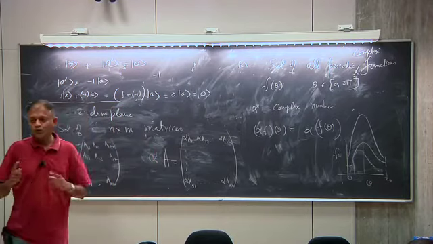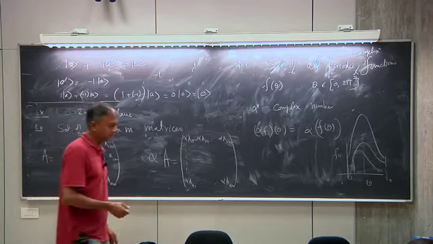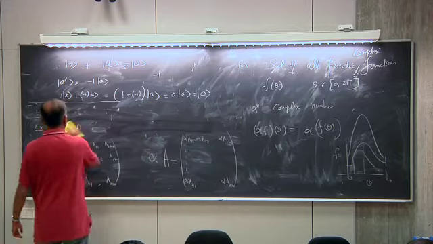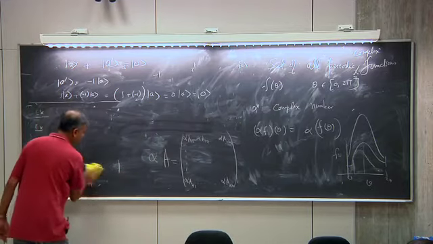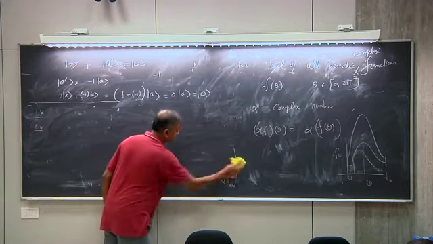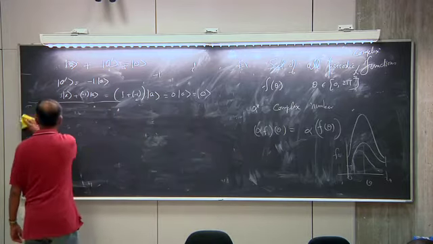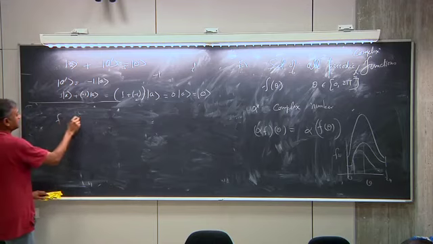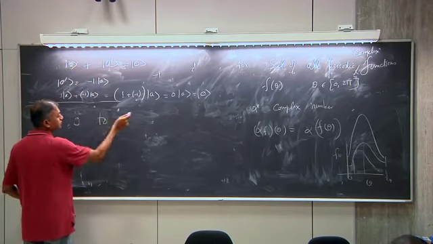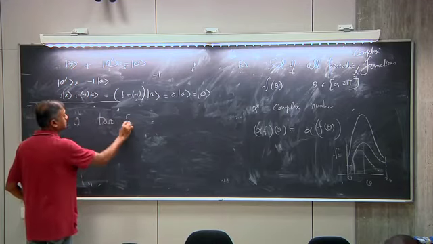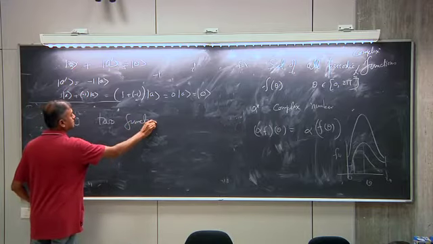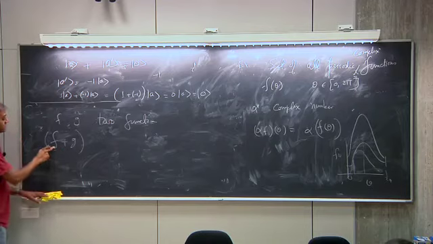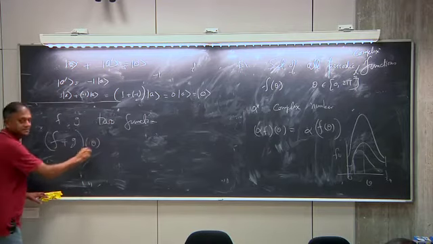Similarly, addition is also point-wise. If I give you two functions f and g, two periodic functions, then what do I mean by f plus g? I want to say what is f plus g evaluated at some theta.